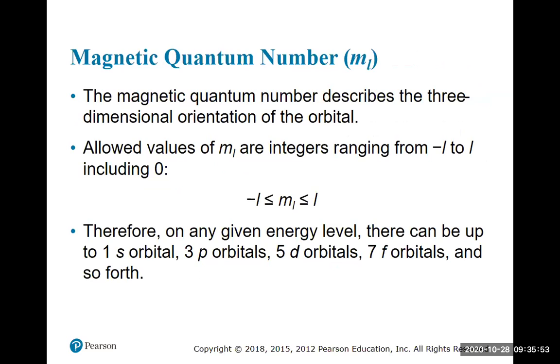So we would have all of those integers there. And sure enough, we look down here and we see that on any given energy level, you can have up to 1 s orbital, 3 p orbitals, 5 d orbitals, 7 f orbitals on down the line. And each of those orbitals can hold 2 electrons. So you can have 6 electrons in the p orbitals, 10 electrons in the d orbitals, 14 electrons in the f orbitals, and 2 electrons in an s orbital.